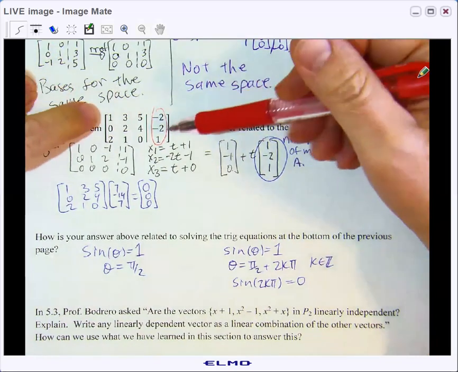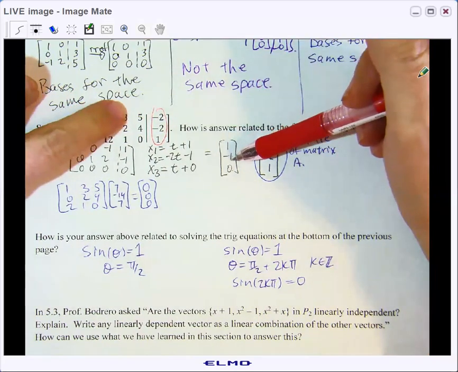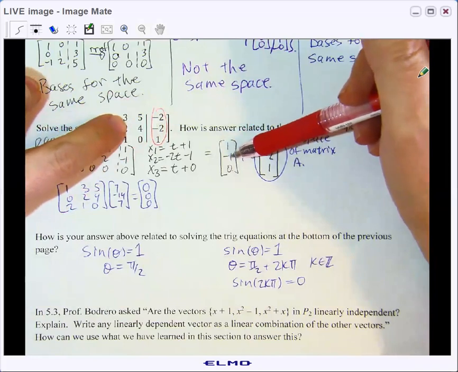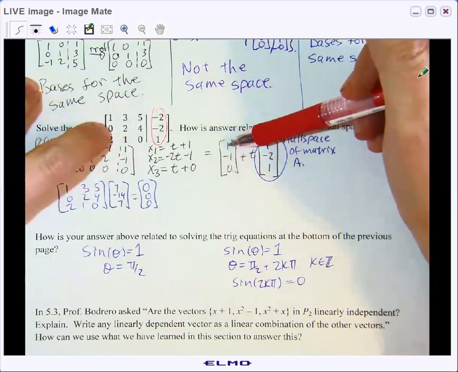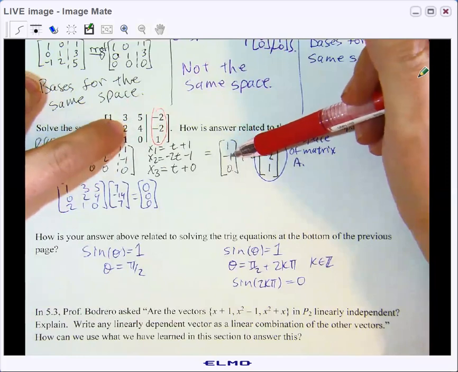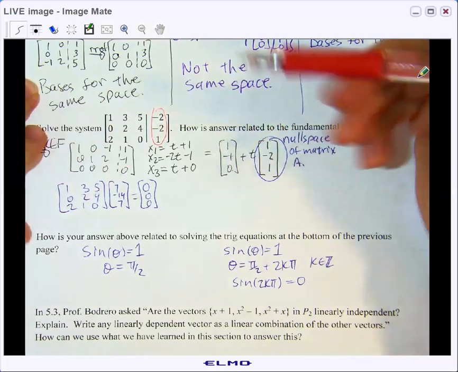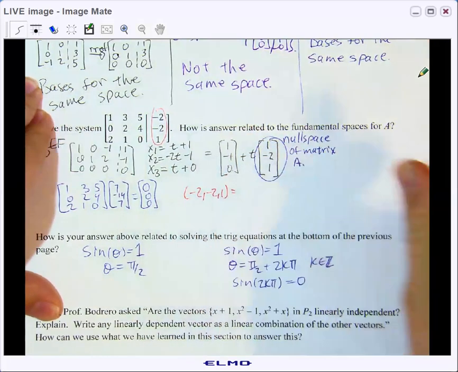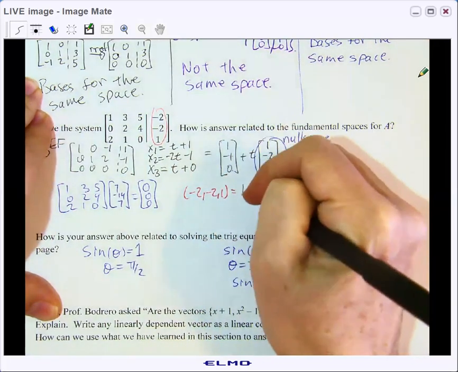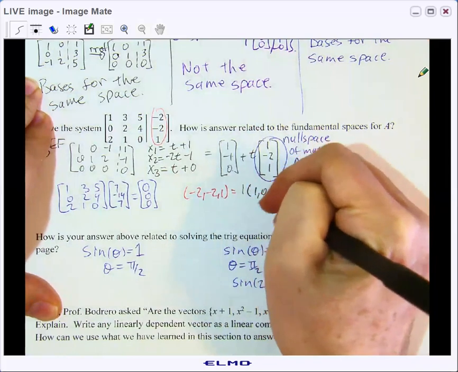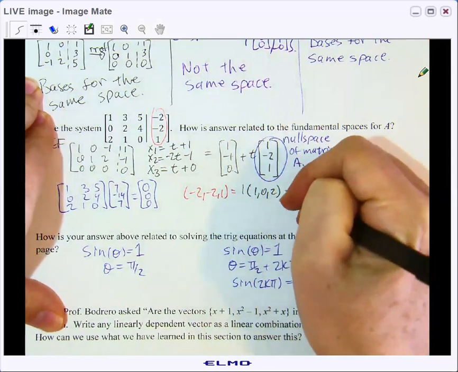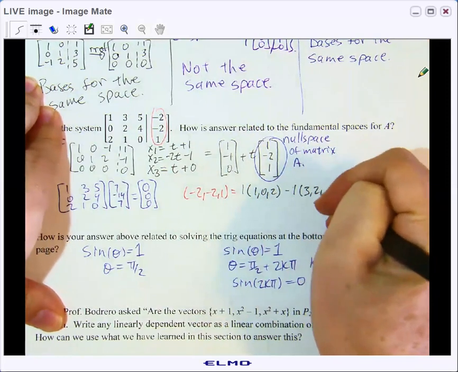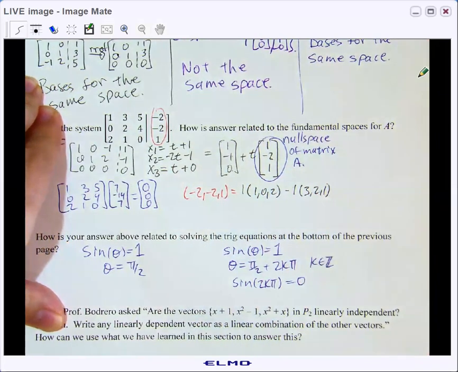Let's just do a quick check. 1 minus 3 is negative 2. 0 minus 2 is negative 2, and 2 minus 1 is 0. So literally, negative 2, negative 2, 0 is 1 times the first column vector minus 1 times the second column vector.